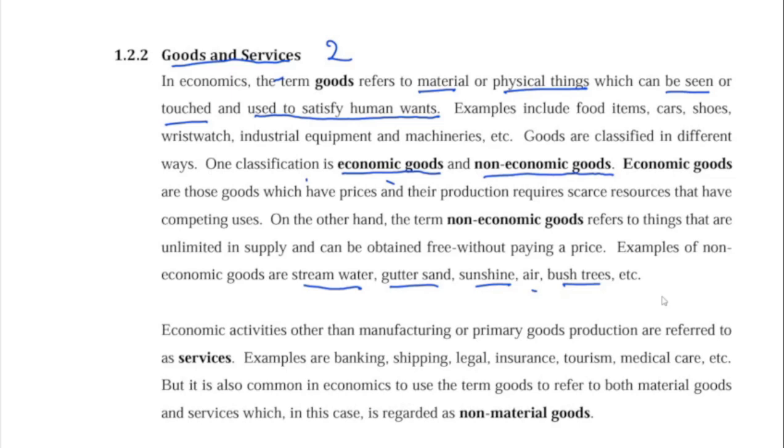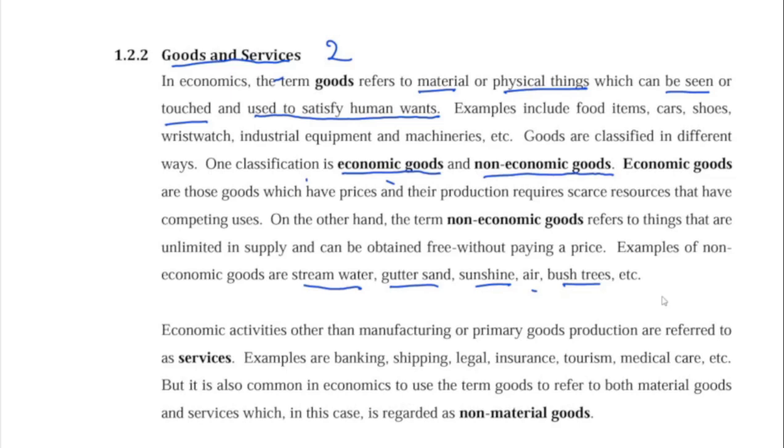Now we have services. I don't think I need to really explain much about service, because it is self-explanatory. Service is the opposite of goods in the sense of physical. You can't touch service, and you can't see it.